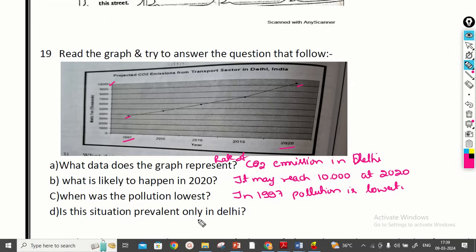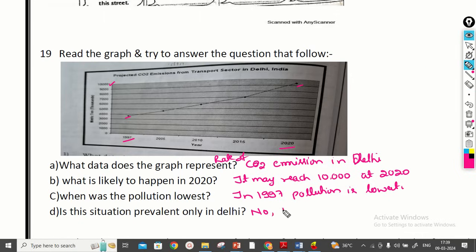Is this situation prevalent only in Delhi? No, it is not only in Delhi. It is in so many business areas, that means so many crowded towns.